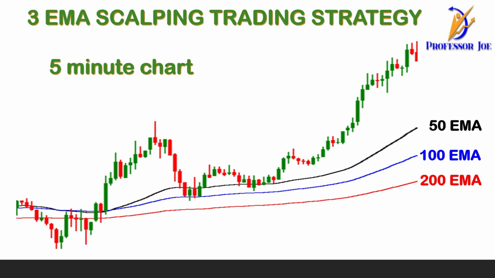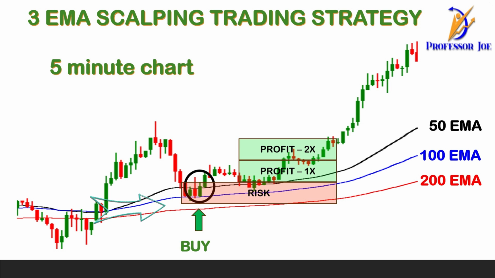But since here you can see that the price did not go to 200 EMA and it bounced back off the 100 EMA, you have an opportunity to enter the market. Now, when the green candle ends above the 50 EMA, that is where you have to enter the trade. And your stop loss will be below the previous swing low over here.